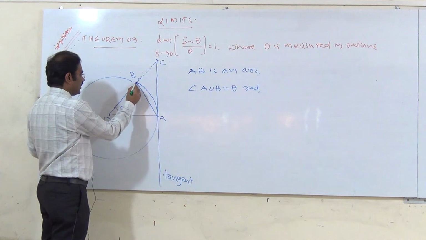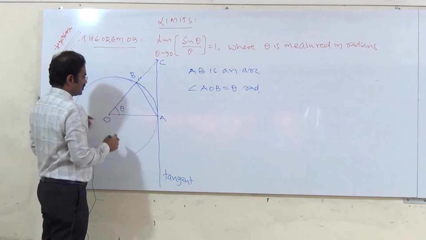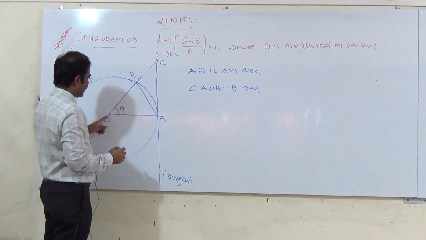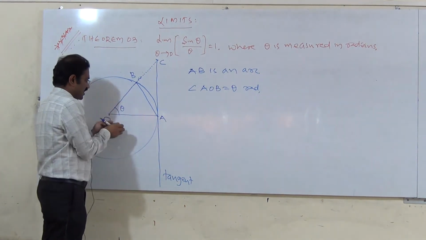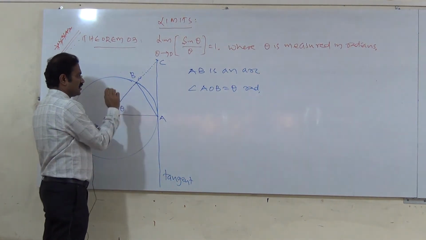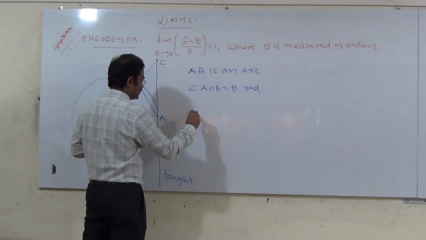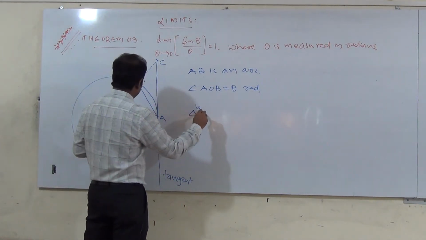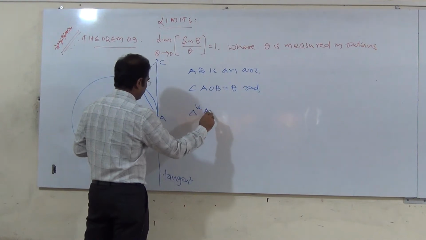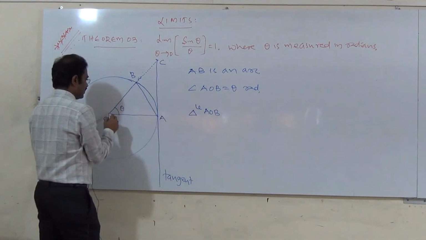One triangle is OAB. There are three things. One is triangle AOB, the small triangle.